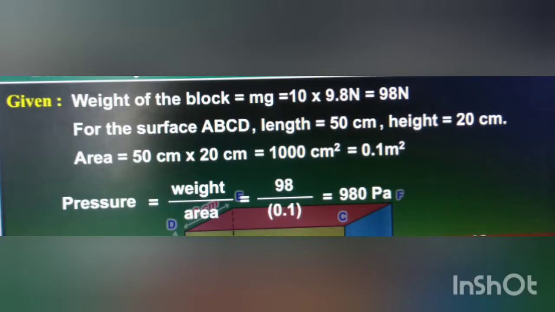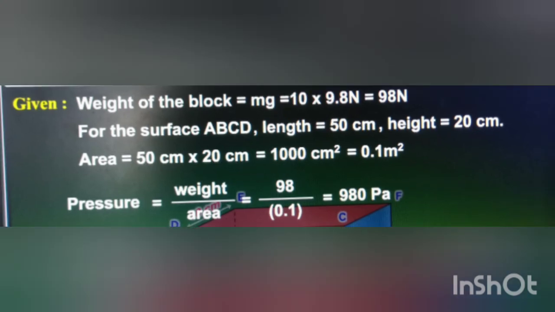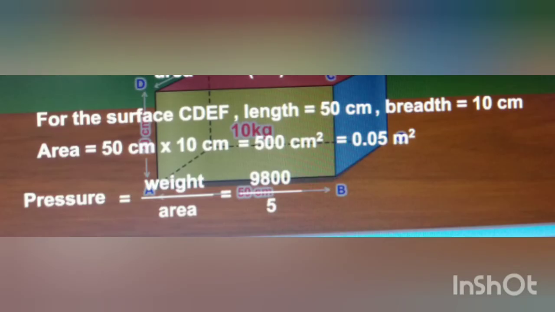So pressure is equal to weight upon area. Weight 98 and area 0.1, so it is equal to 980 Pascal. You have to solve this example, and you will get pressure equal to 980 Pascal. Now for the surface CDEF, length is given 50 centimeter and breadth is 10 centimeter.